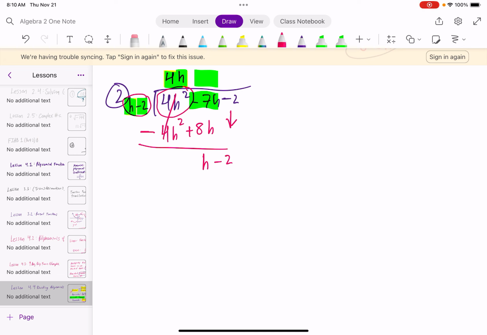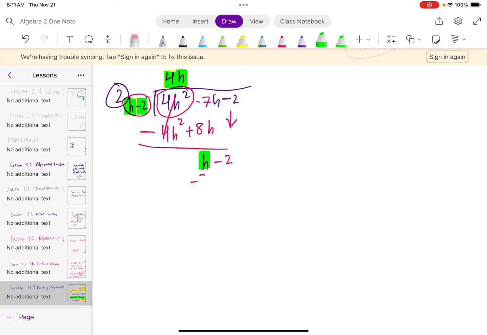Well, h times negative 7... negative 7h is what I have. I messed up here. Sorry, disregard what I said. We have to make it equal to h. Sorry, guys.